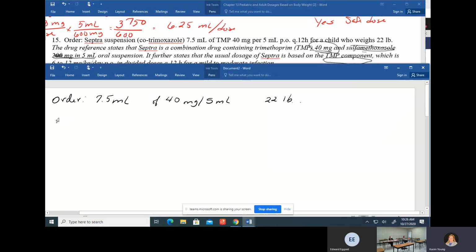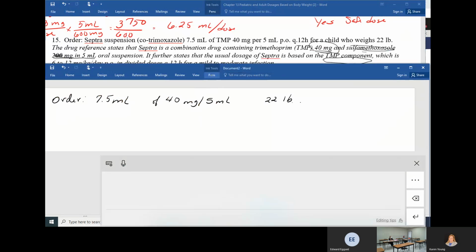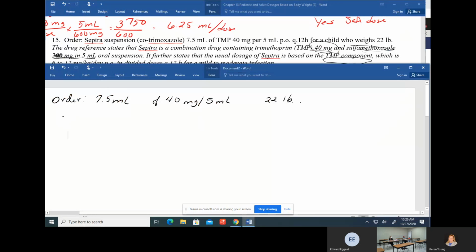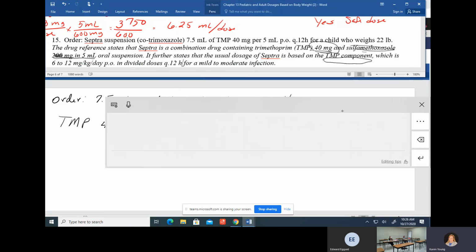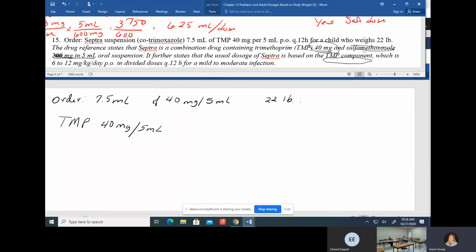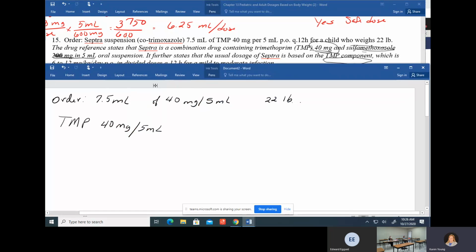So the TMP is 40 milligrams and 5 milliliters. And then, which is 6 to 12 milligrams per kilogram per day. Going back and forth between two is not helpful.